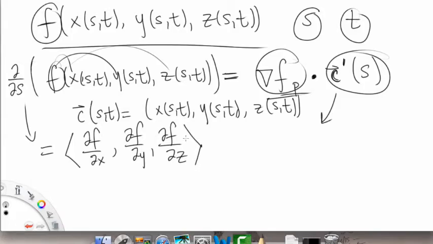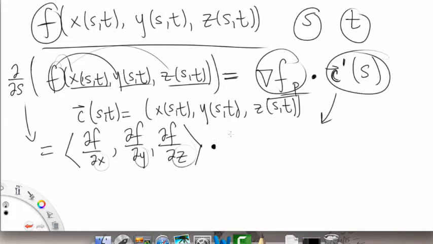Here you see how in this first step, by taking the gradient of f, we just took the partial derivatives with respect to each of the components, whatever's in that spot: the x function, the y function, and the z function. We didn't deal with the s or the t at all. That's where the second part comes in.